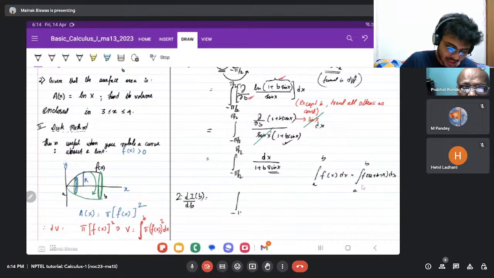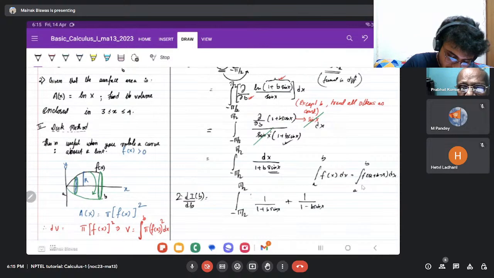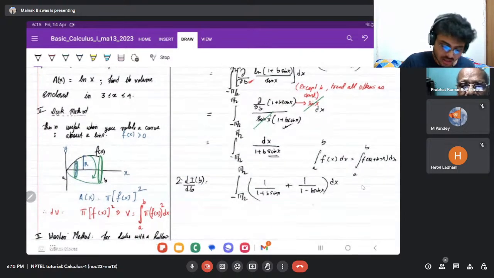as the integral from minus pi by 2 to pi by 2 of dx over 1 plus b sin x, or rather 1 plus 1 minus b sine x. Agreed? How did I get this second function?